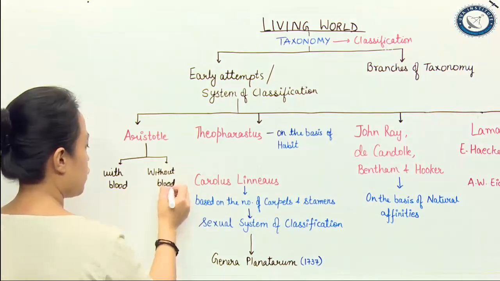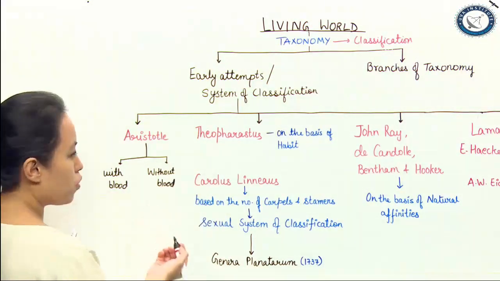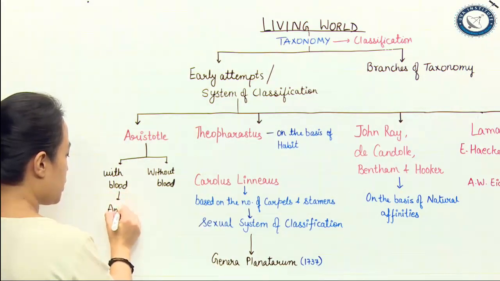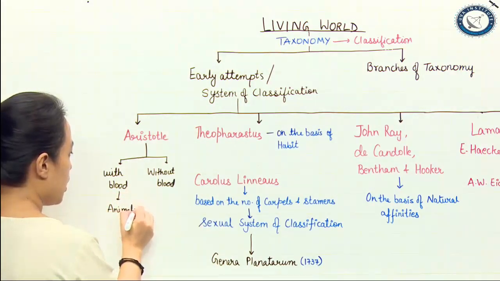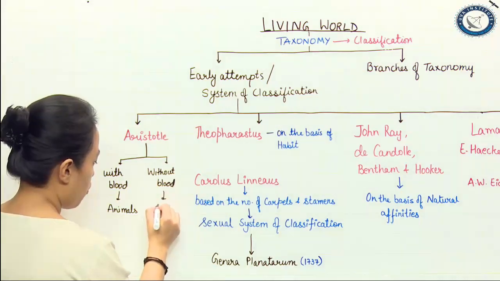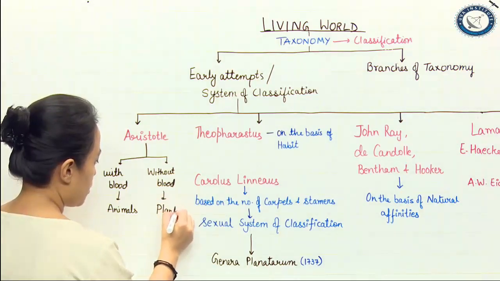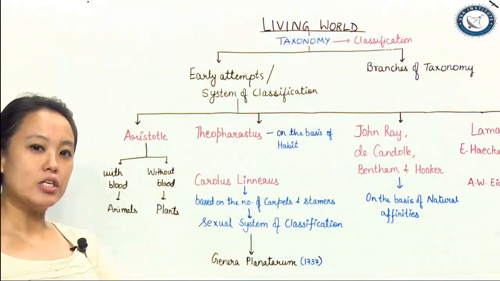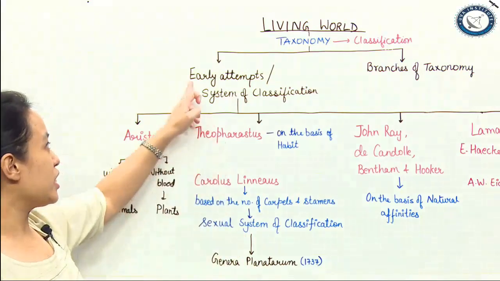Of course, in a very broader term, what he wanted us to understand, with blood means of course he is dealing with animals, and without blood, of course, plants. So the basic identification criteria that initially started as an early attempt.